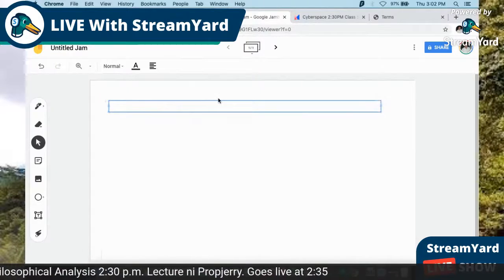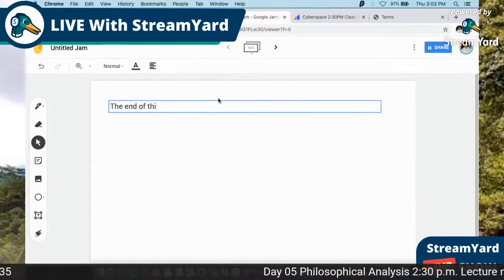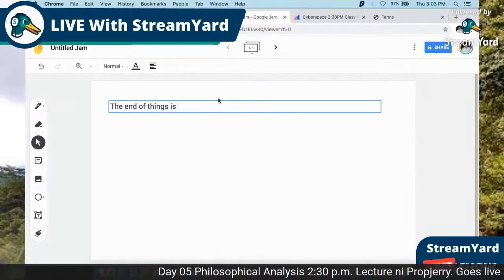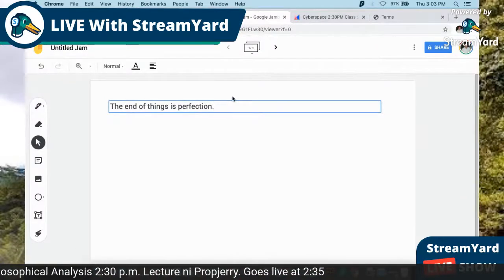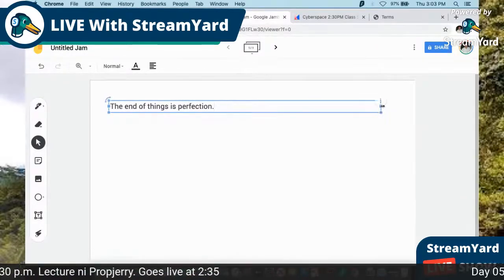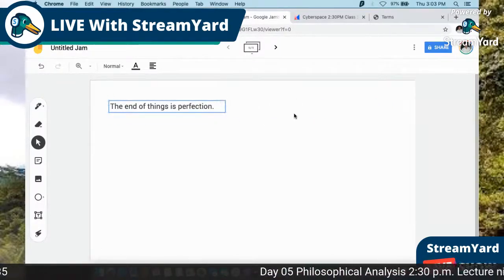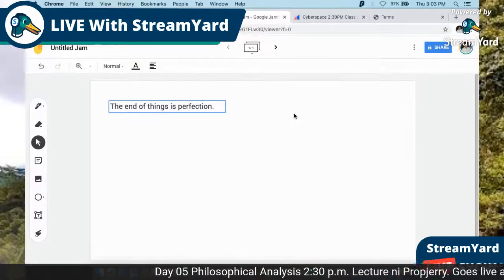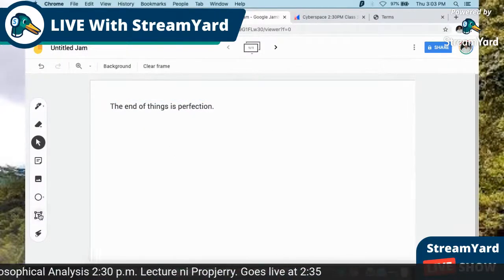I have this principle. My principle is what? All right. The end of things. What things? Things that I do is perfection. So if I learn a new kick in Taekwondo, I want to be able to do it perfectly. If I know a specific technique for photography, I want to perfect it. So the end of things is perfection.